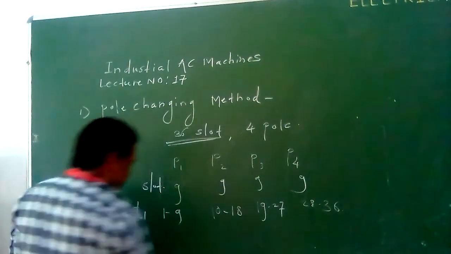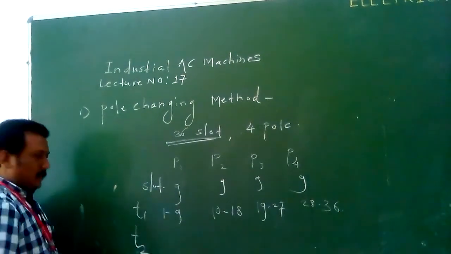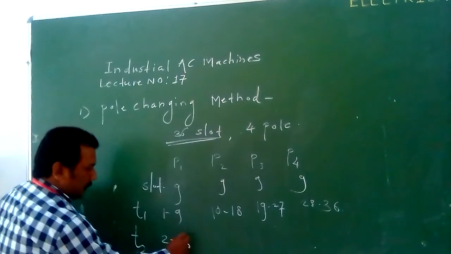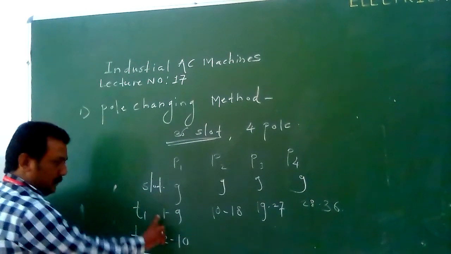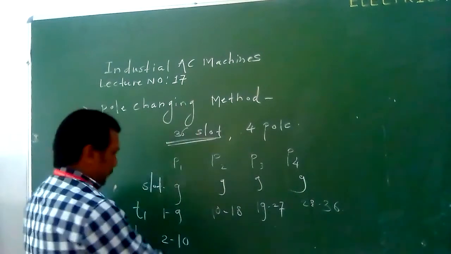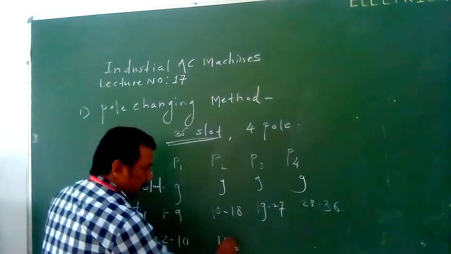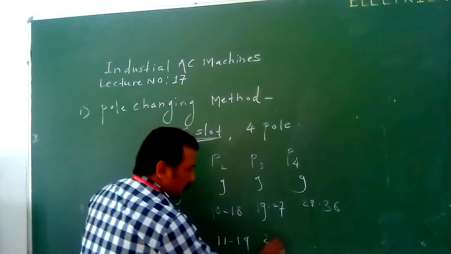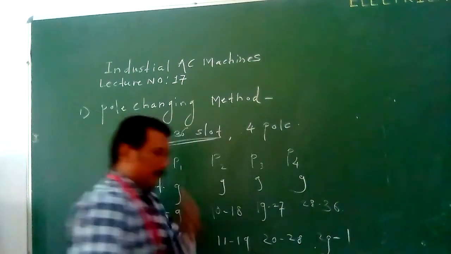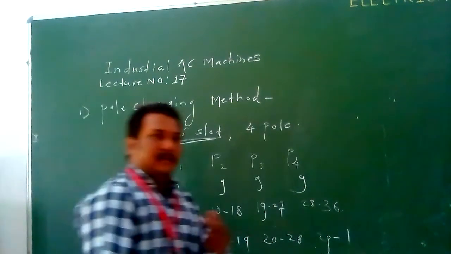At the next instant T2, pole 1 becomes slots 2 to 10. It is transferred to the next slot, and here 11 to 19, here 20 to 28 and here 29 to 1. So the poles are shifted.